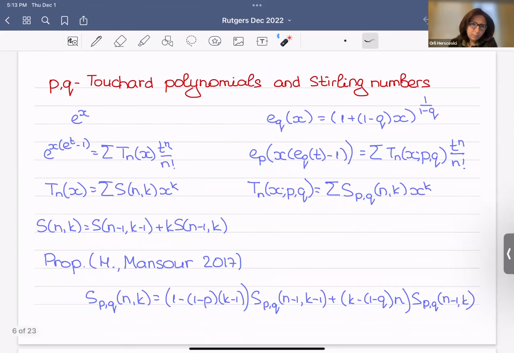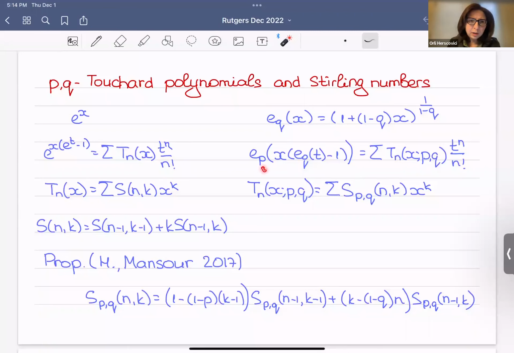So to define our generalization of two-sharp polynomials, let's consider we started from the generating function. So we need an exponential function, we have it. We take the deformed exponential function. We have a generating function for two-sharp polynomials, which contains two exponential functions. So we replace each one of them by a deformed exponential function, but we take different parameters.